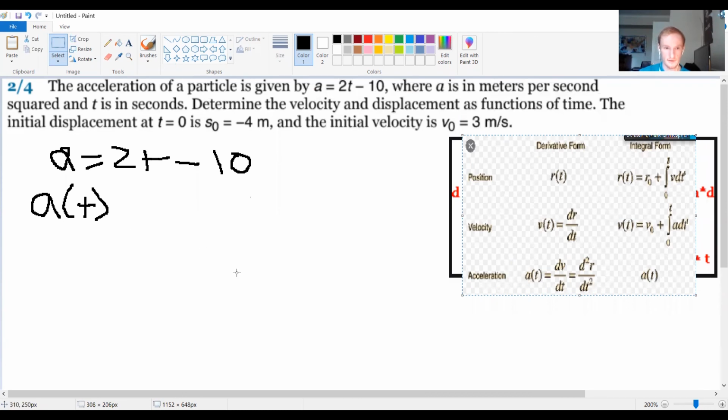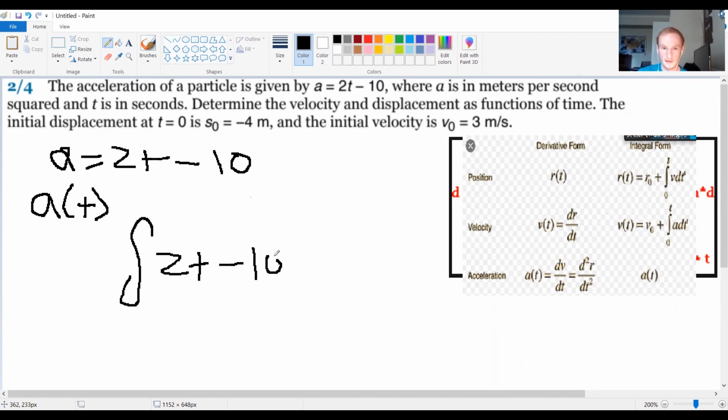In order to get from a to v of t, we're going to have to take the integral of our acceleration. So without further ado, take the integral of 2t minus 10 dt.